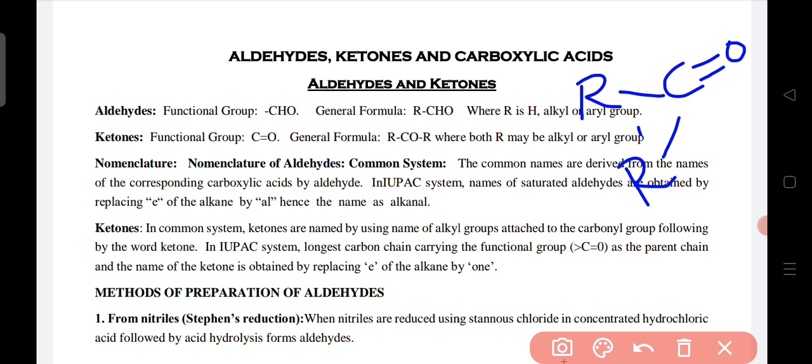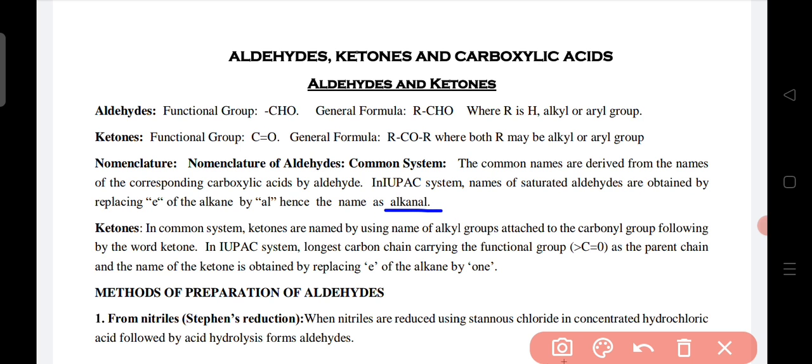Next, coming to their nomenclature system, aldehydes are generally named as alkanals. The name of the alkane is derived from the number of carbons in the chain, and to that 'al' is added by removing the 'e', so that becomes alkanal. Aldehydes are terminal groups, so there is no need to number them.